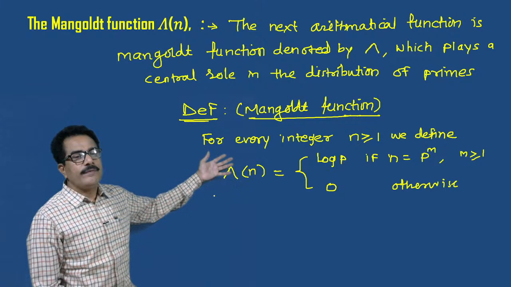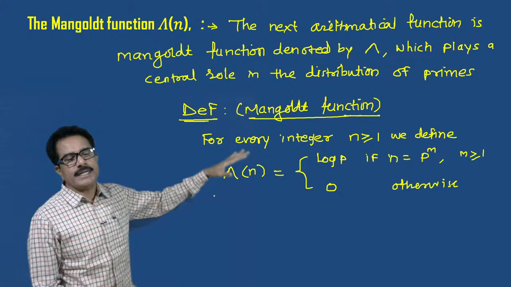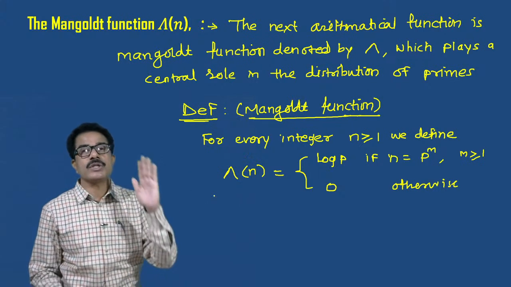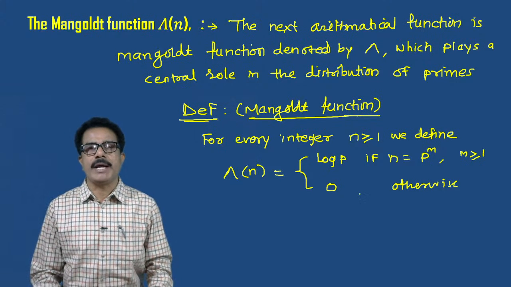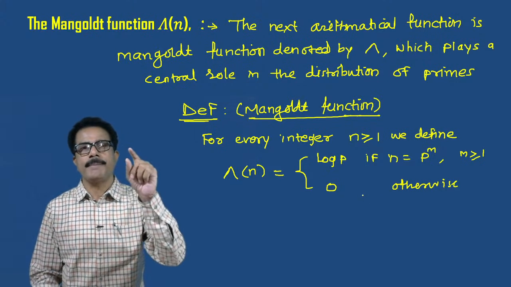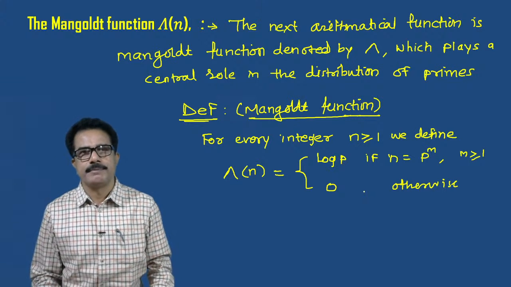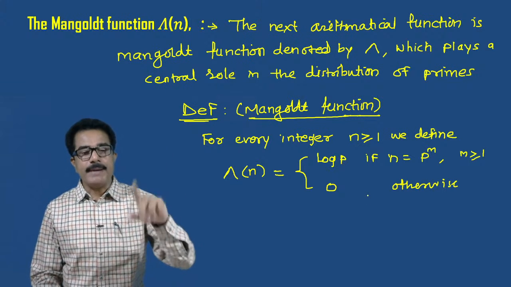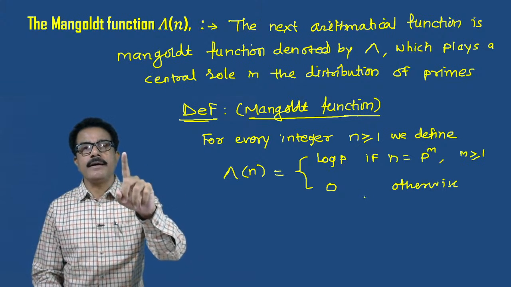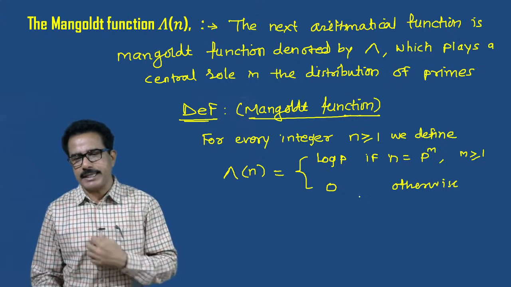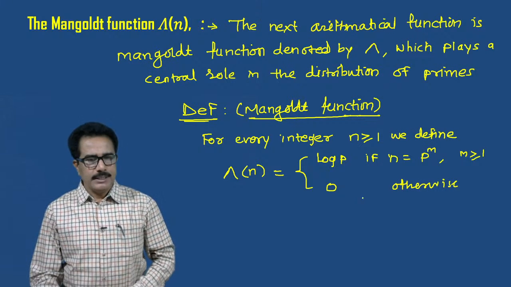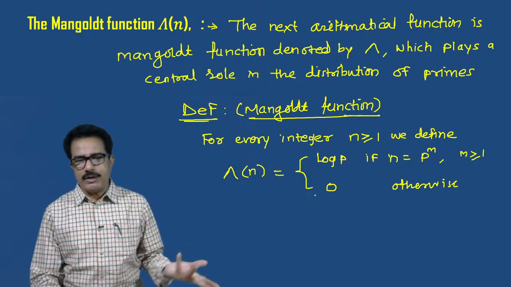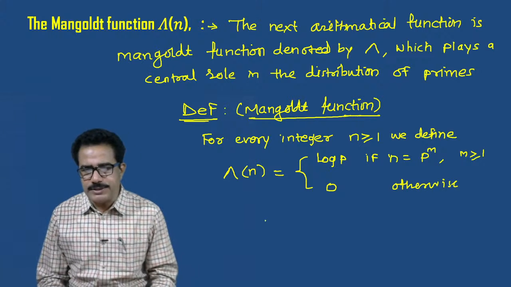We define the function capital lambda of n equals log p if n equals p raised to m, where p is prime and m is an integer greater than or equal to 1. Otherwise, the value of lambda of n is 0.